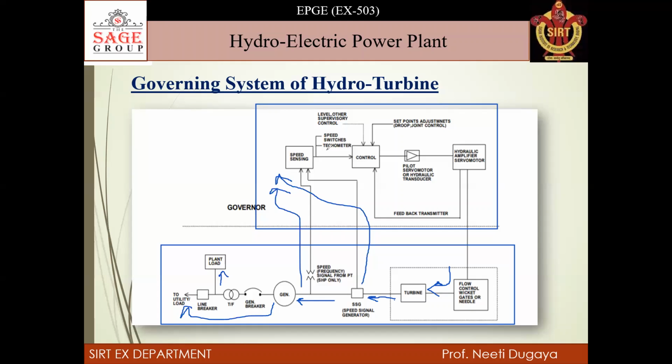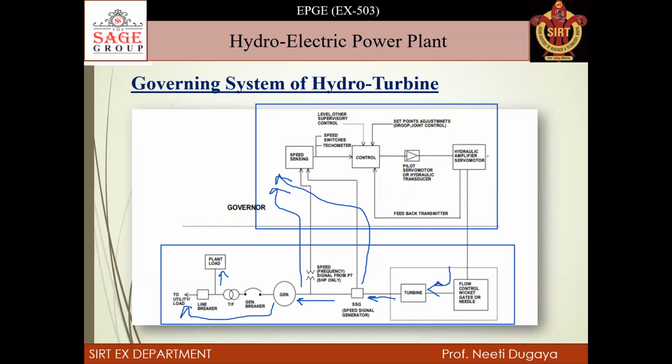We also have the other supervisory control with this control unit, and according to the adjustment with the help of droop control, we can set control points here. Now this is the pilot servomotor or hydraulic transducer. We sense it and act accordingly to control the speed of the turbine according to the need.